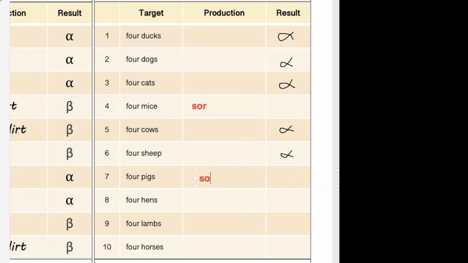I can hear saw. 8. 4 hens. Correct. 9. 4 lambs. Correct. 10. 4 horses.